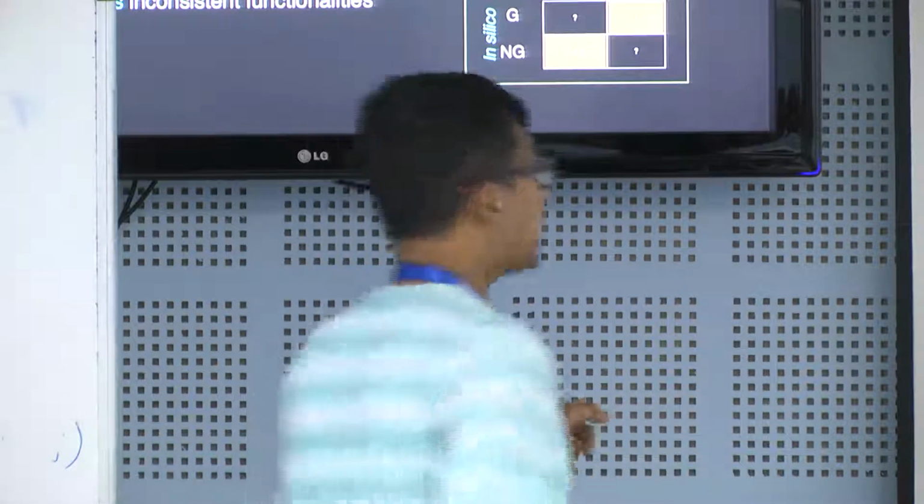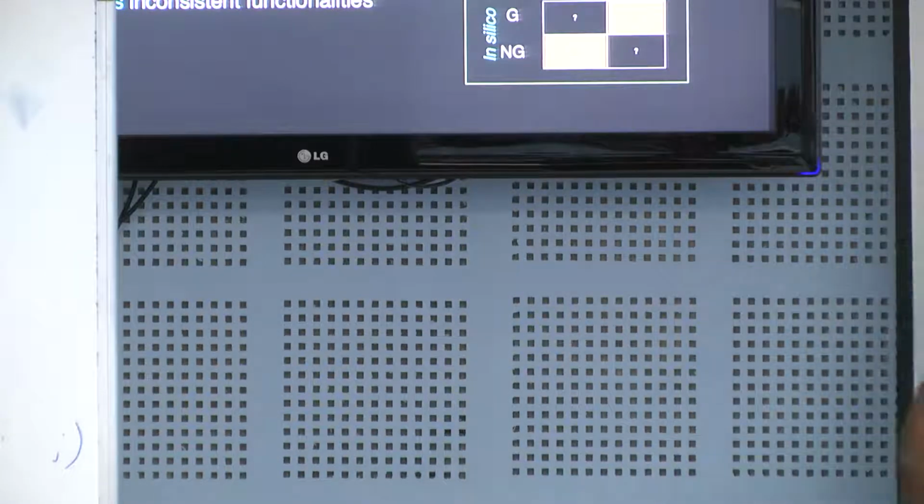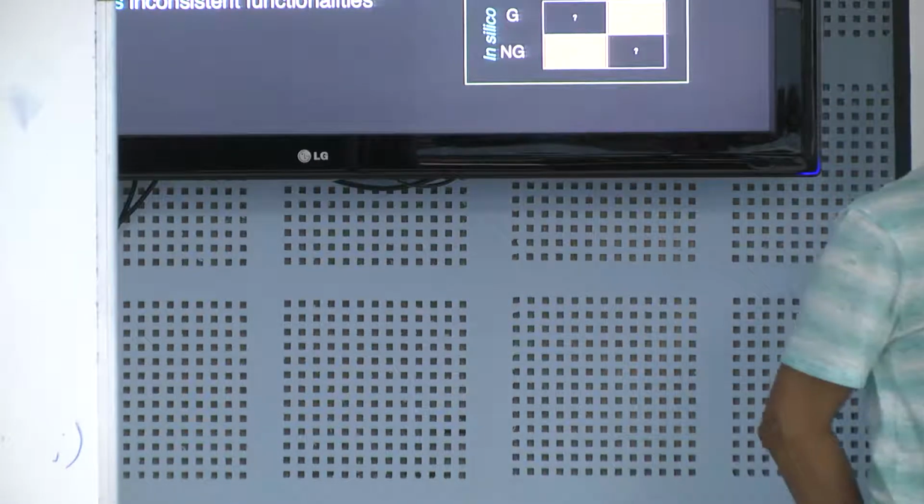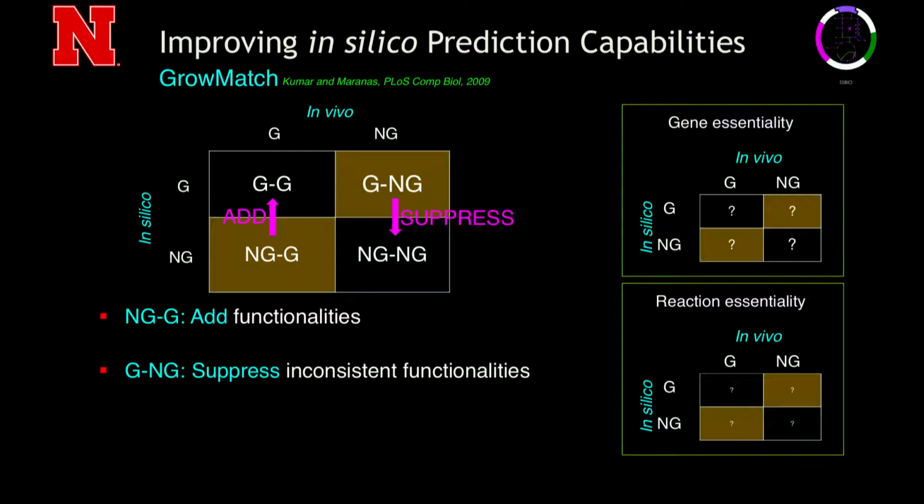So that specific case which was inside this cell will move up, right, because then it becomes a growth condition. And similarly for this, you have an NGG condition, you will suppress some reaction and then it will become NG. Are we good now? Is there any other confusion?